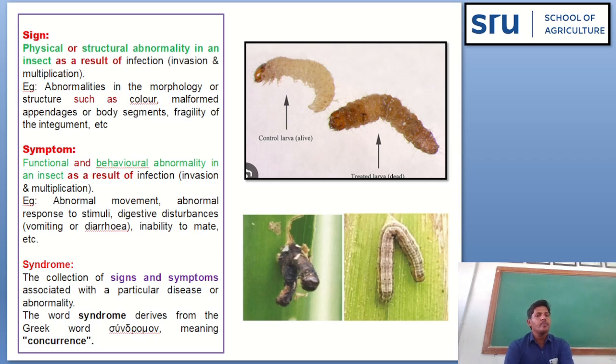Functional or behavioral abnormalities in an insect as a result of infection are known as symptoms. An example is abnormal movement, or no movement in a body part of the insect. Then what is syndrome? The collection of signs and symptoms associated with a particular disease or abnormality is the syndrome. Syndrome is a Greek word meaning concurrence, that is, signs and symptoms occur at the same time.